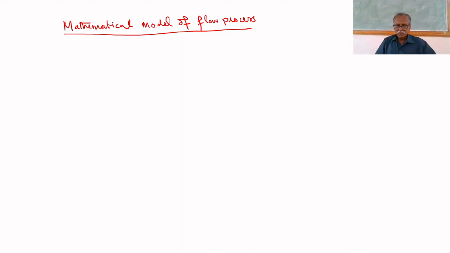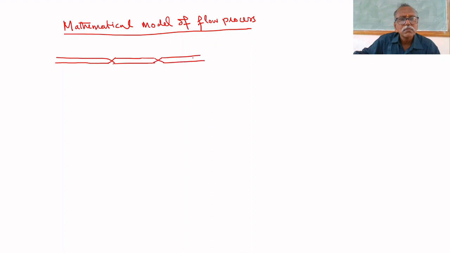Mathematical model of the flow process. Inflow rate is Wi, outflow rate is W naught.